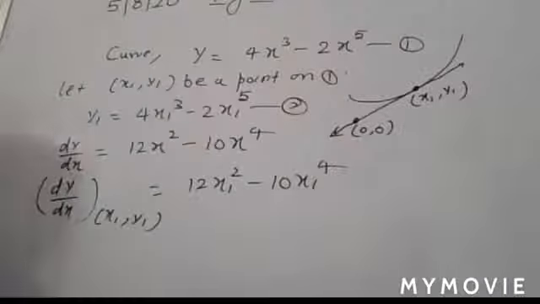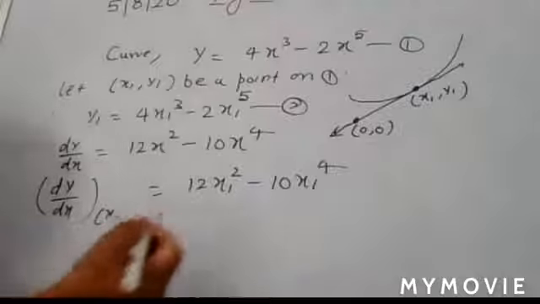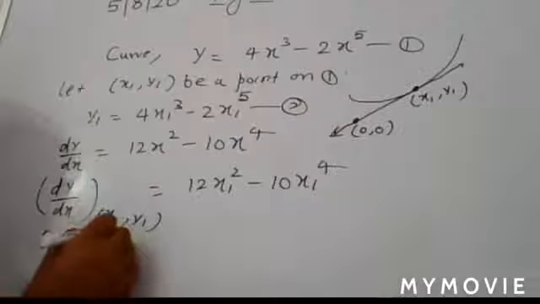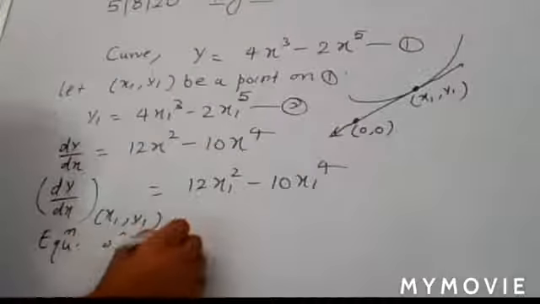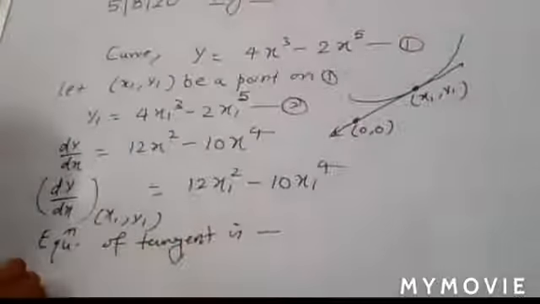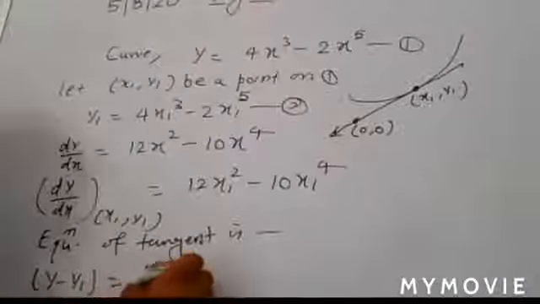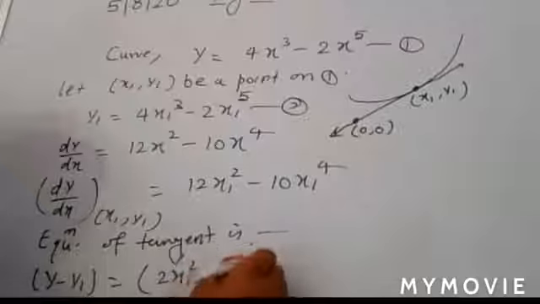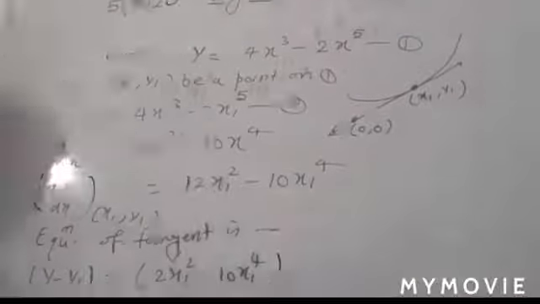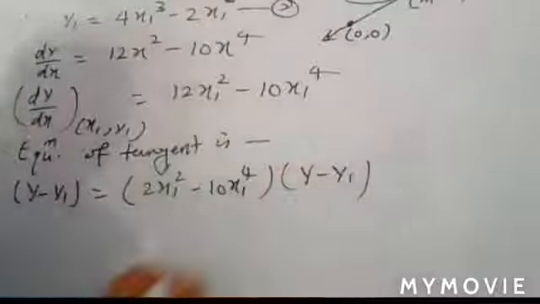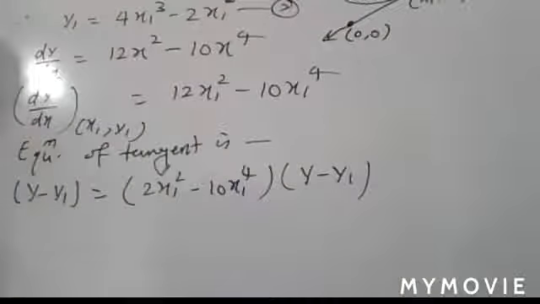Any doubt? Okay, so if the slope of the tangent is known, you can find the equation of the tangent. The same method is there. The equation of the tangent is y minus y1 is equal to 12x1 square minus 10x1 to the power 4, that is the slope of the tangent, into x minus x1.